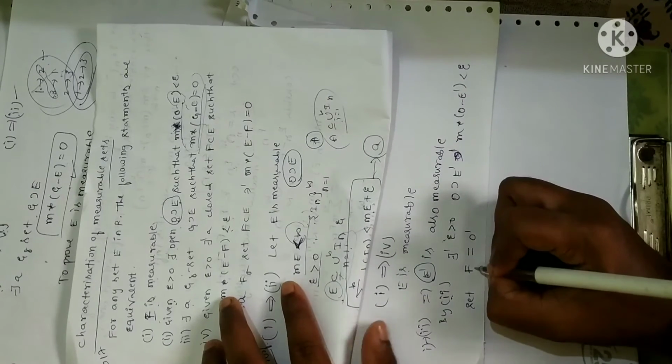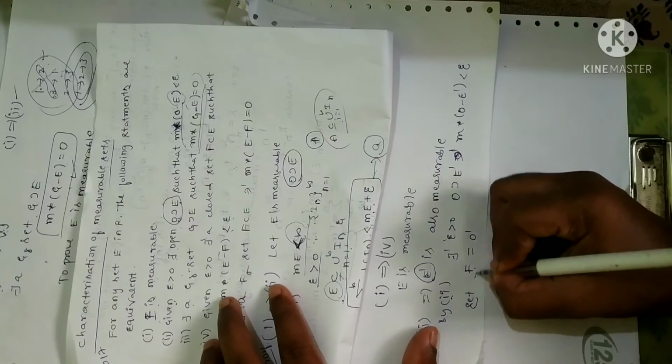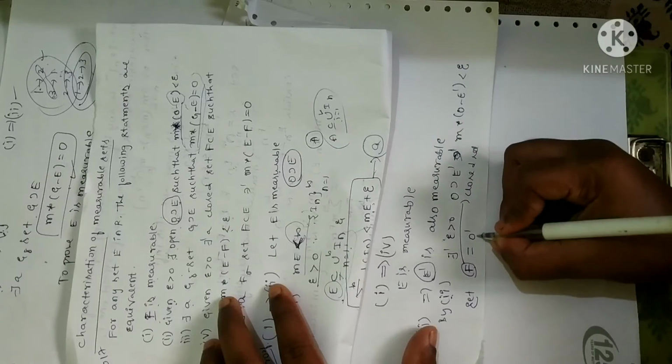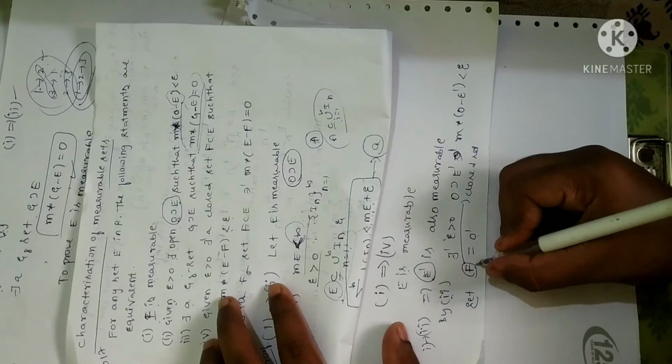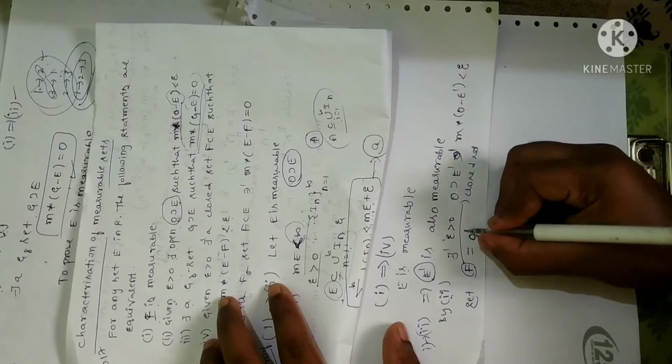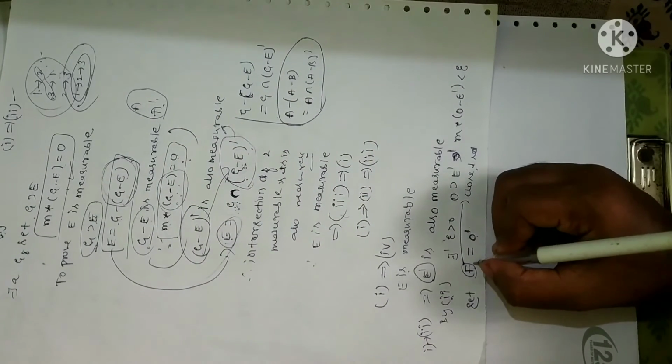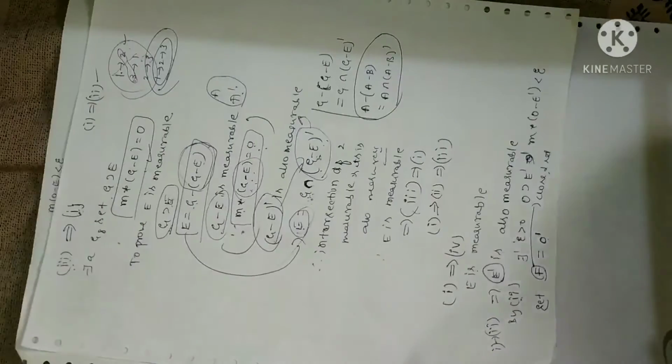F is a closed set. Why? Because if O is open, its complement is closed, right? O is an open set, its complement is closed. So F is a closed set. Fine. So I have defined F as O complement.